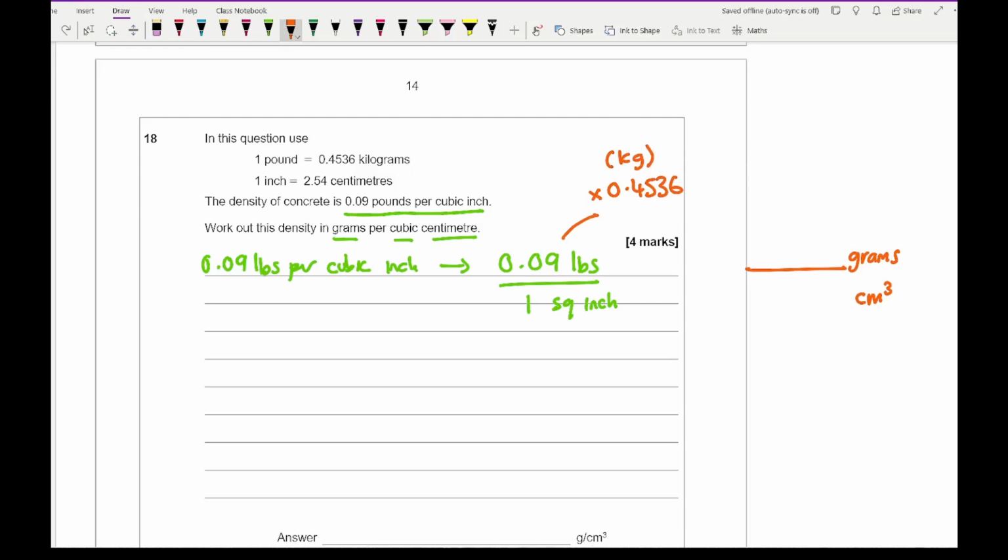But then to convert it into grams, I've then got to multiply by another 1,000, and that will convert it into grams. So that top number is going to be 0.09 multiplied by 0.4536 multiplied by 1,000, and it gives me an answer of 40.824.